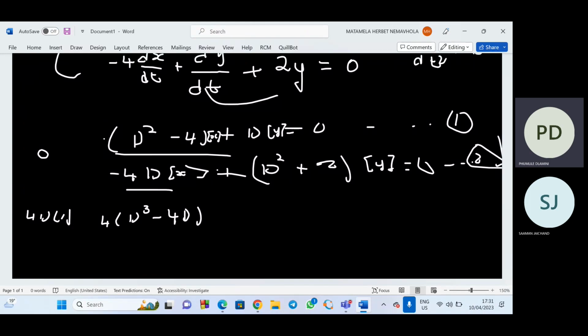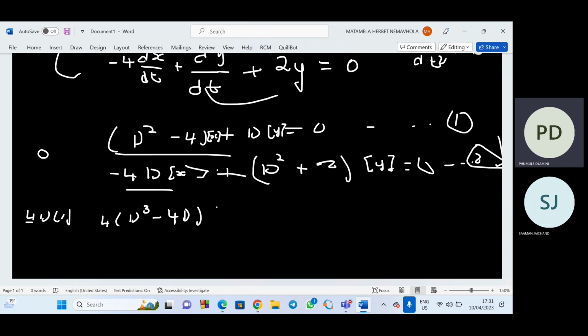If you take out the 4, d times d is going to give us d cubed, and d times minus 4 is going to give us minus 4d. If we multiply everything, it is going to say 4d cubed plus 16d, but we can just take it out for factorization.